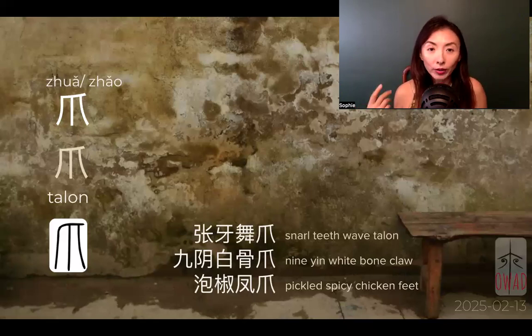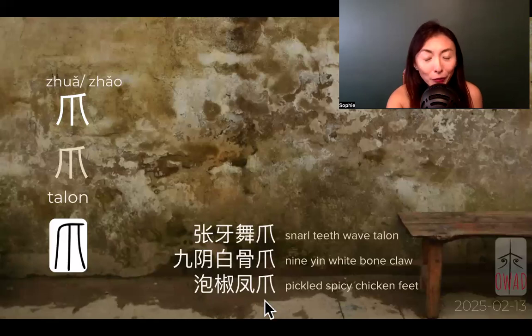They can all use this zhua or zhao figure. Here, 张牙舞爪. This is the zhao, the second pronunciation there. And that is Talon. Same as 九阴白骨爪, zhao. Both of them are zhao. So the last one, 泡椒凤爪, that one is zhua.